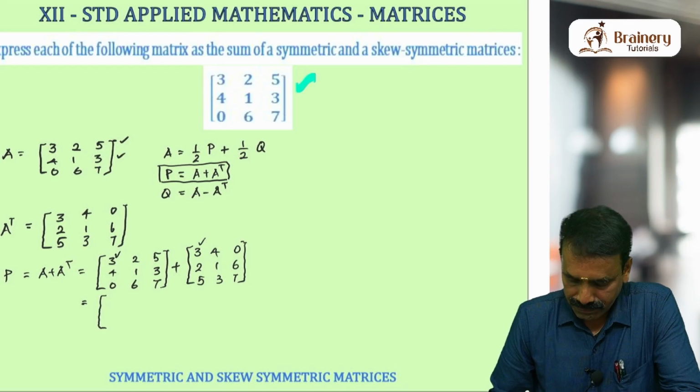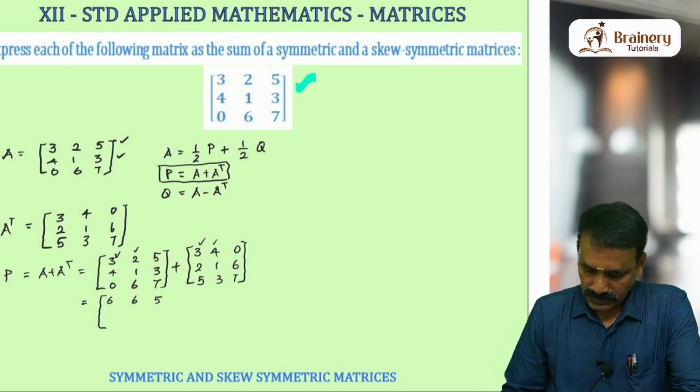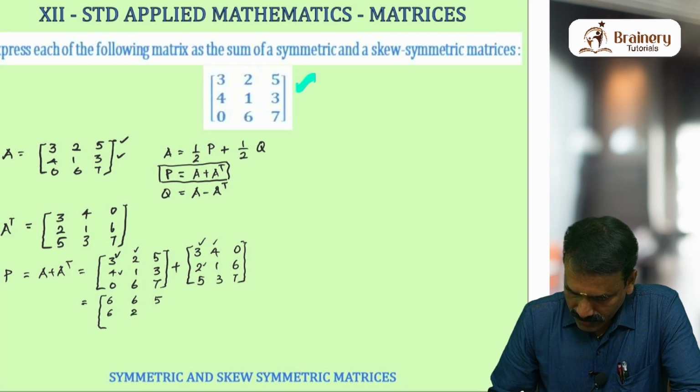3 plus 3 is 6. 2 is added with 4. When you add 2 with 4, again it is going to be 6. 5 added with the 0 is 5. Next, second row first column, 4 added with the 2. 4 plus 2, again 6. 1 plus 1, 2.